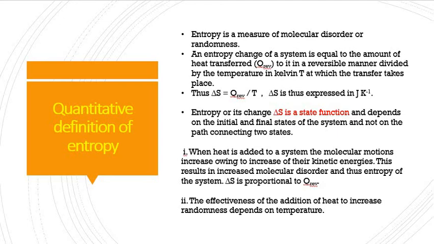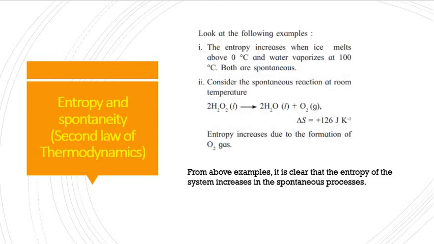So, the next thing we should look into is entropy and spontaneity based on the second law of thermodynamics. Let's talk about some examples. The entropy increases when ice melts above 0 degrees Celsius or when water converts into vapor at 100 degrees Celsius.